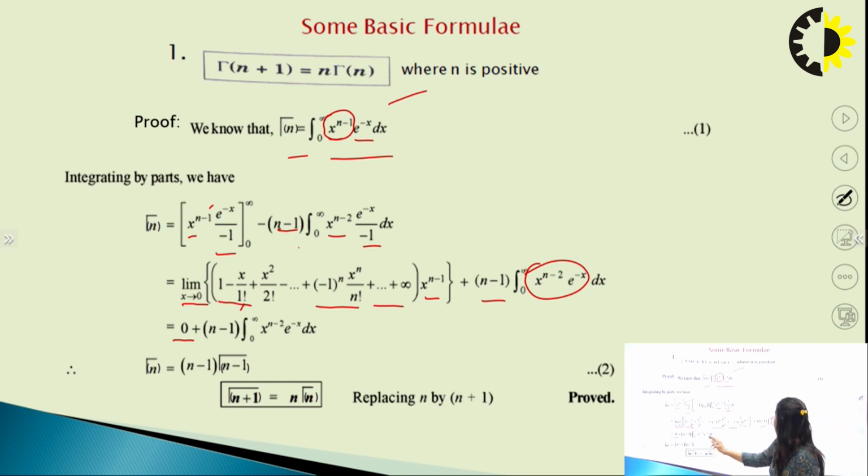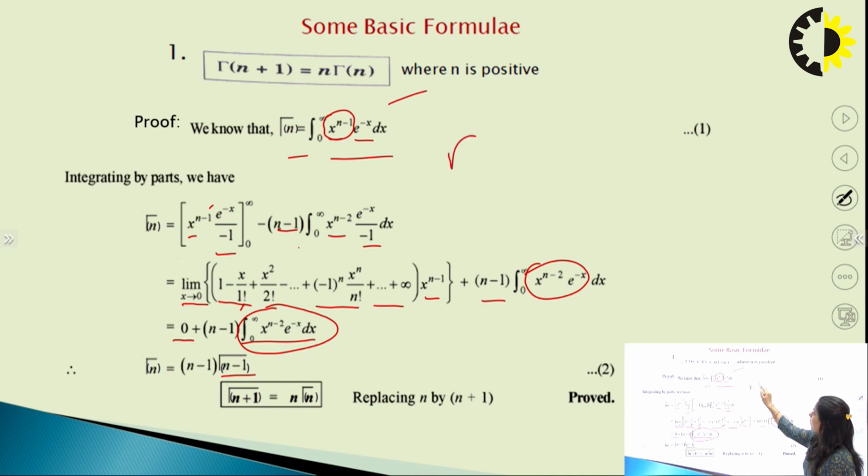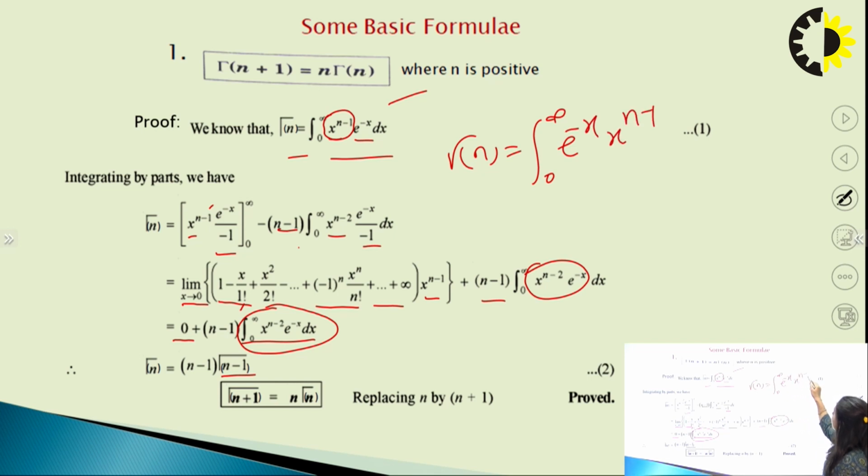Now plus n minus 1 integration 0 to infinite x power n minus 2 into e power minus x, and by the definition of gamma function, it will be equal to gamma of n minus 1, because gamma n is equal to integration 0 to infinite e power minus x, x power n minus 1 dx.